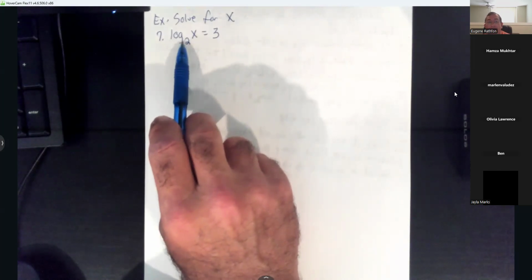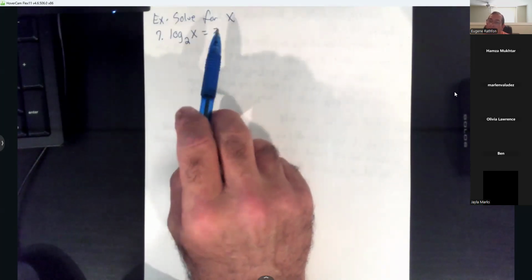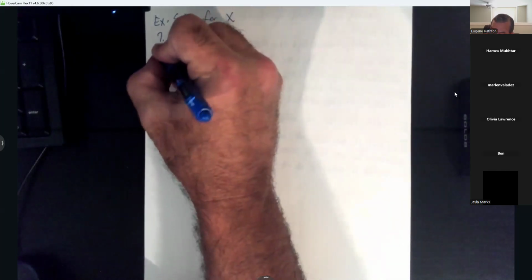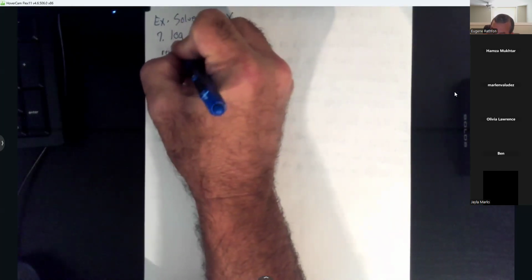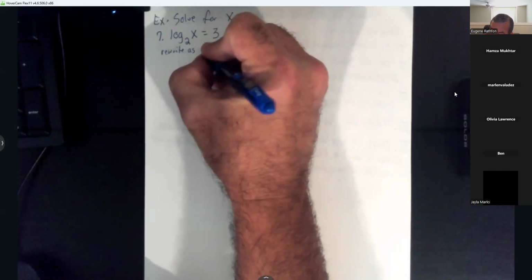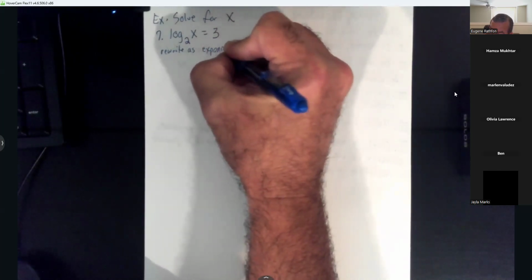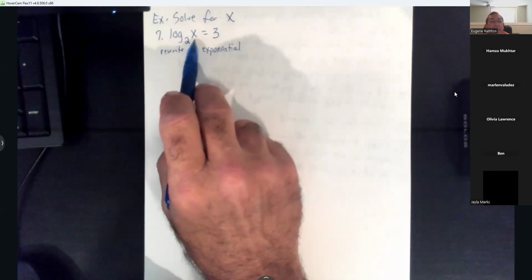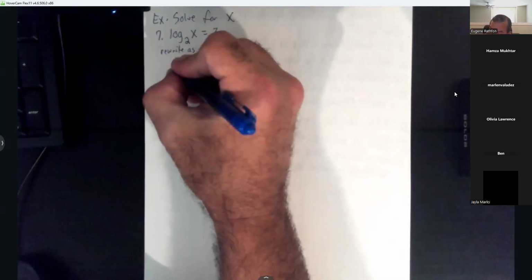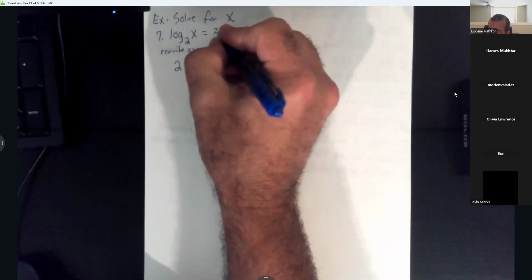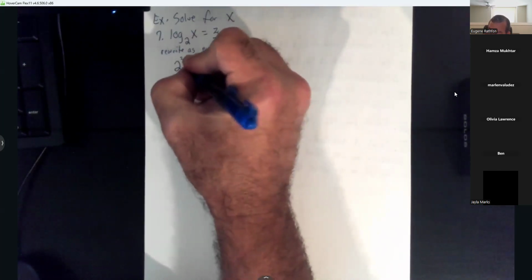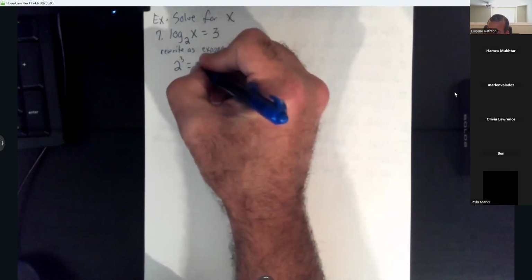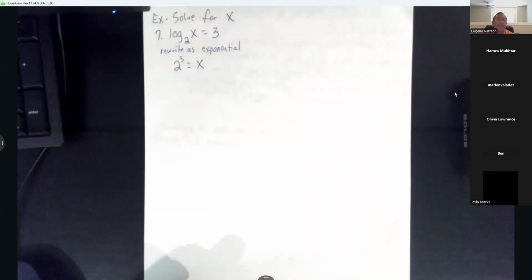So since I got a single log equal a number, all I can do, y'all, is go down and rewrite this one as exponential. So rewrite it as exponential. Your base is 2. Your exponent is 3. And that's going to equal the result of an x.